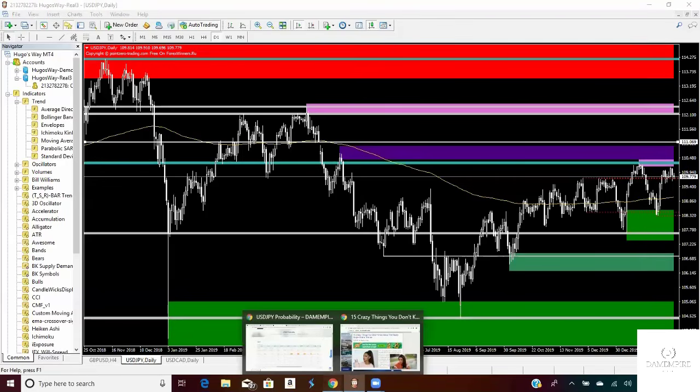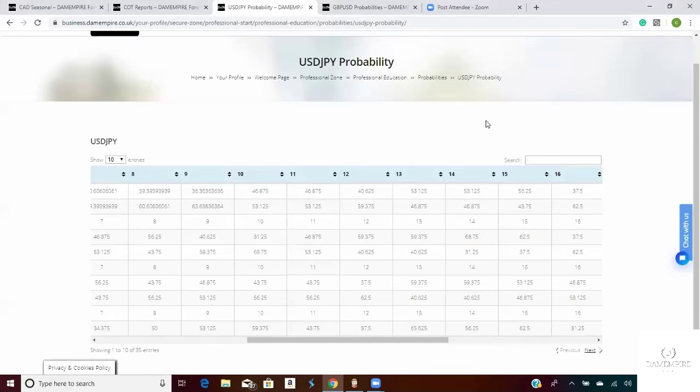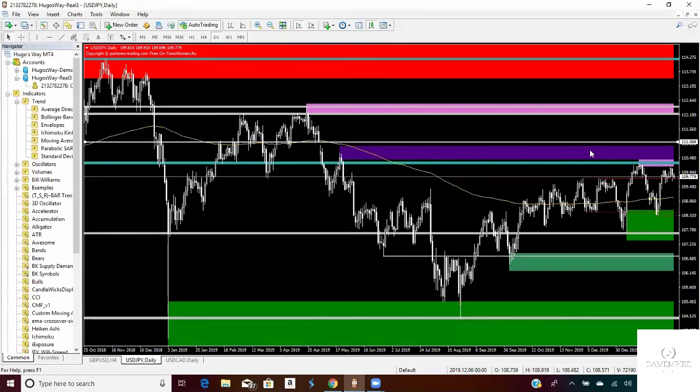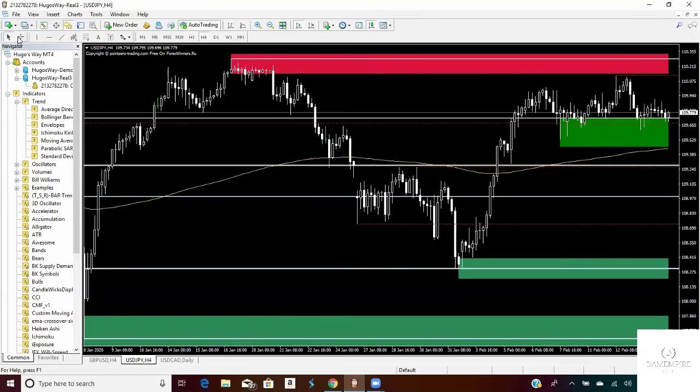Did anybody else see anything or have questions? Ideally, when is the entry for this one meant to be? For USDJPY? Right here. So price is right here. I want it to drop like 30 pips, like at the bottom of the supply zone, close to the 200 EMA, or on the 200 EMA if you want.